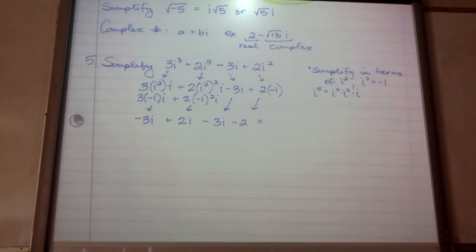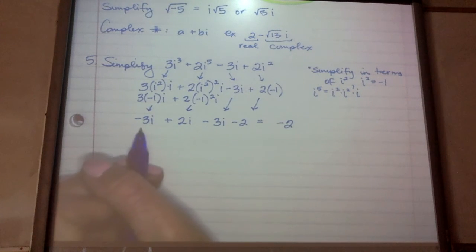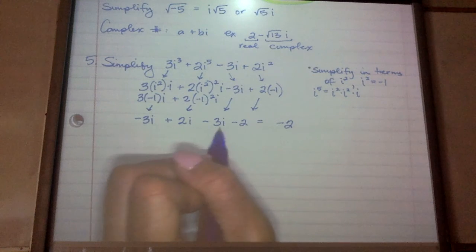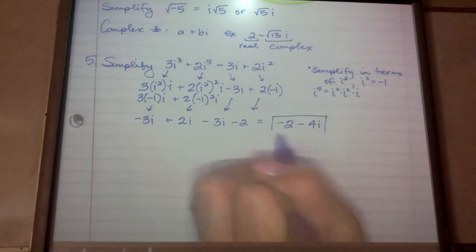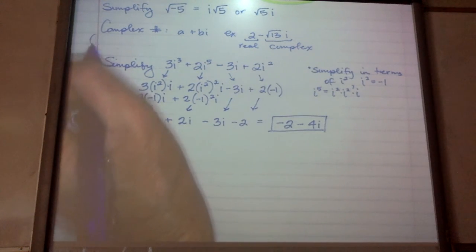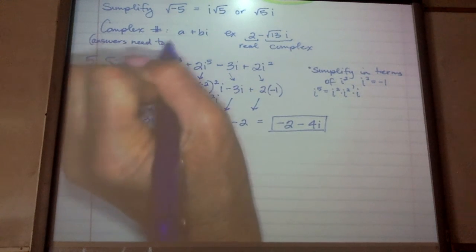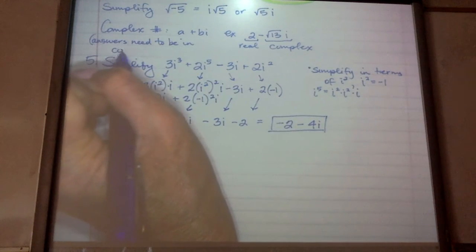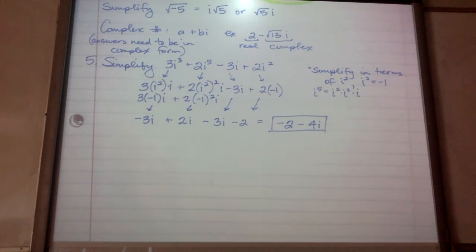When I write my answer, make sure it's in complex form, so the real part goes first. And negative 3i plus 2i minus 3i gives us negative 4i. So answers need to be in complex form. You're going to have quite a few of those. Hopefully that makes sense to you how I simplified that.